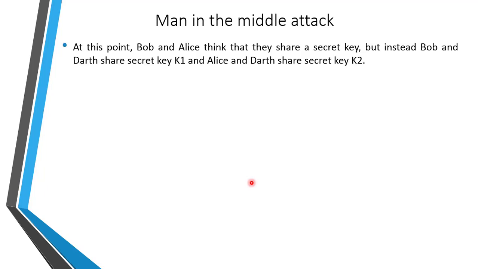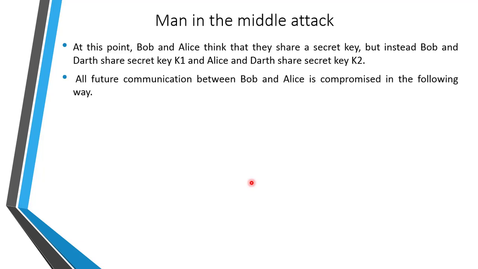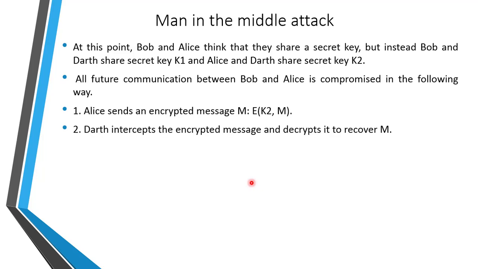So at this point, Bob and Alice think that they shared a secret key, but instead Bob and Darth shared the secret key K1 and Alice and Darth shared the secret key K2. All the future communication between Bob and Alice is compromised in the following way. First of all, Alice sends an encrypted message M using the secret key K2. So Darth intercepts the encrypted message and decrypts it to recover M using the secret key K2.